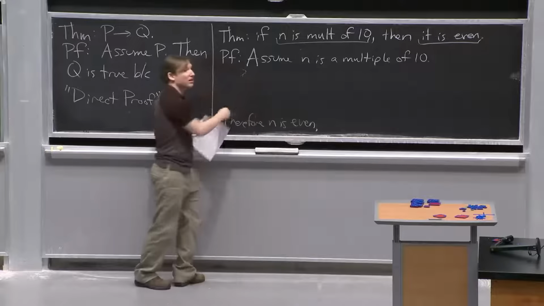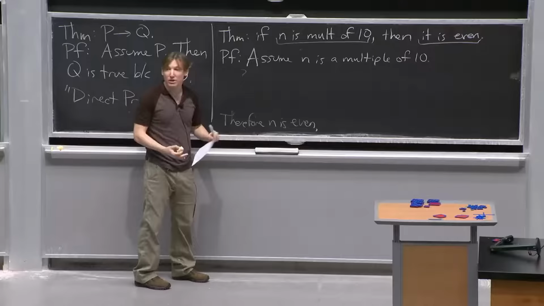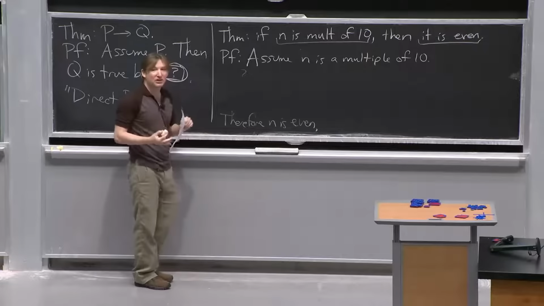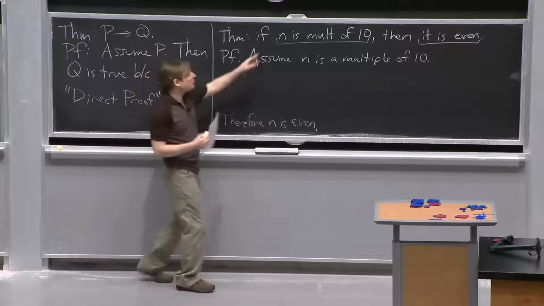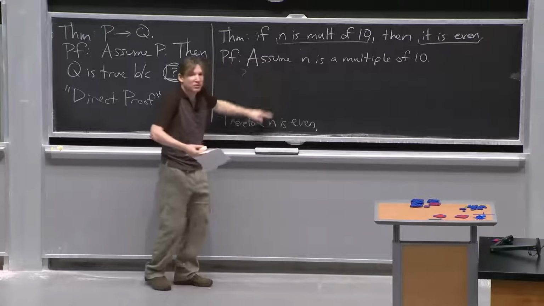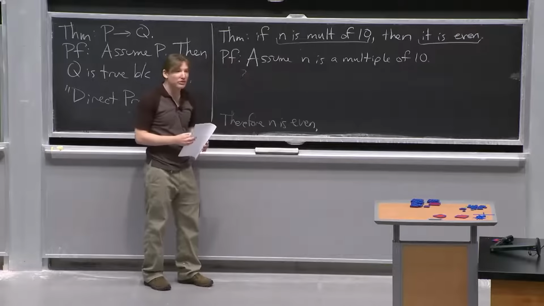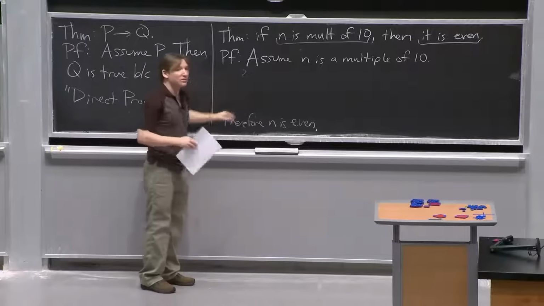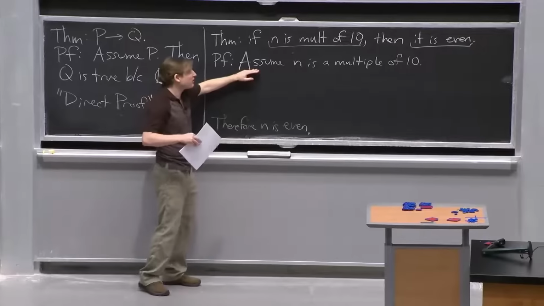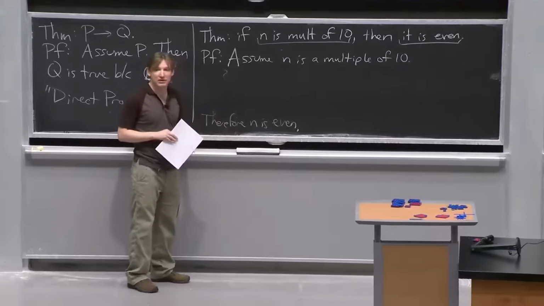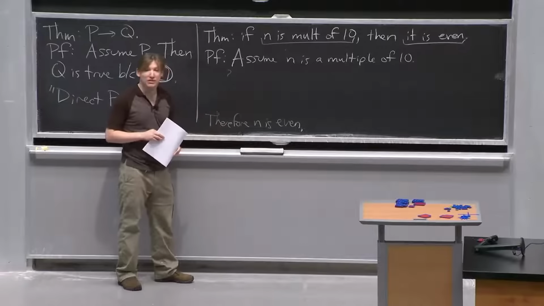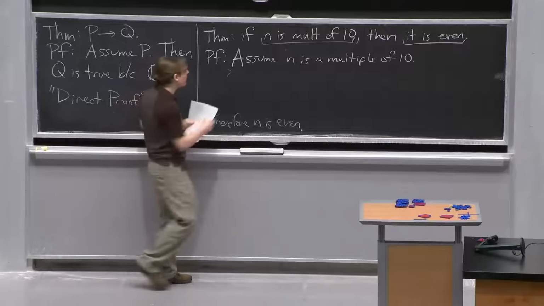And if we can connect the dots from the first line to the last line, we'll have our proof. Notice, by the way, that was kind of an automatic process. If the theorem is an implication, then this is what our proof is commonly going to look like. So we can just write it down. And now we have a clearer, more concrete sense of the task we're supposed to do. Starting from the fact that it's a multiple of 10, derive the fact that it's even. So let's go ahead and do that.